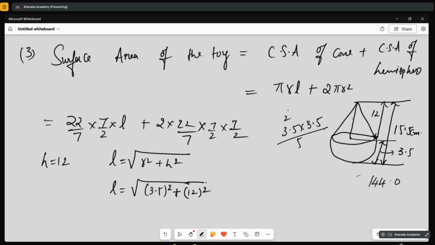Calculate now: 5 fives are 25, 2 fives are 10, 15, 16, 17. So 12.25 plus 144 is 156.25. Now you get 12.5.